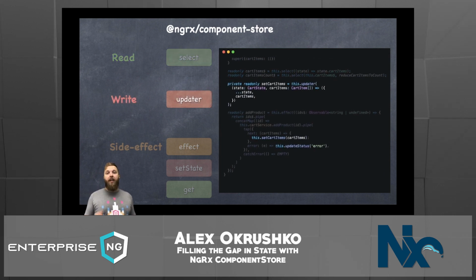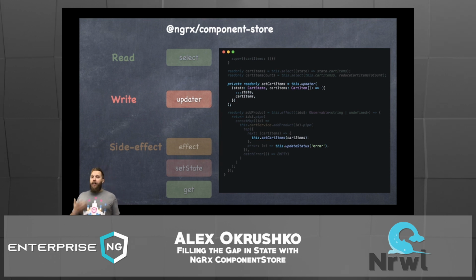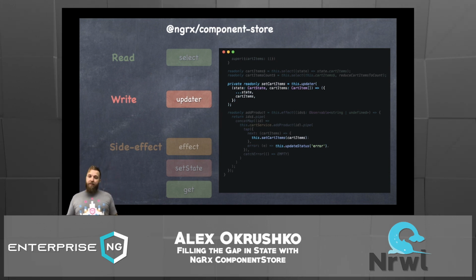Well, for that we have an updater. An updater is a function that describes how we change the values in our component store. It takes two arguments. First is the previous state, and second is the new value that's coming into it, for example, cart items in this case. And then it returns an immutable version of the new state. So we'll spread the previous one and put those new cart items there as a property.